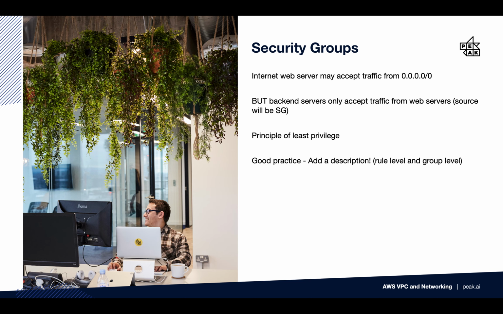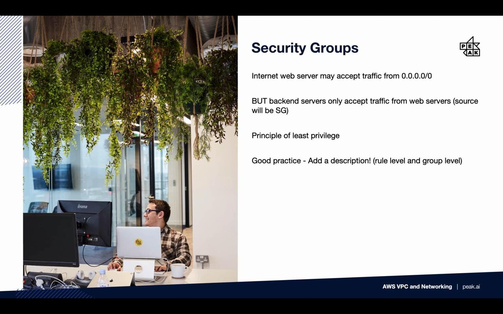So, for example, the security group on the backend servers would allow traffic coming from the security group that is on the web servers. So this helps us facilitate and make best use of the principle of least privilege. So we can allow resources to communicate as much as they need to, but nothing more.